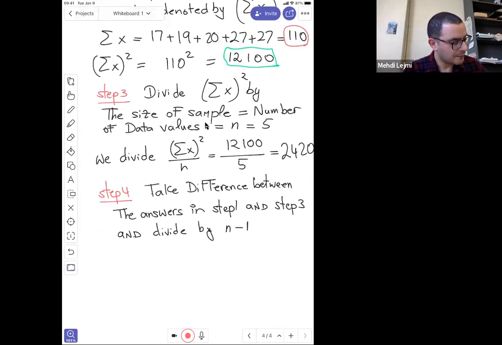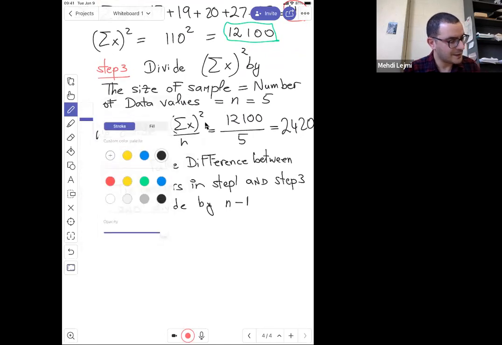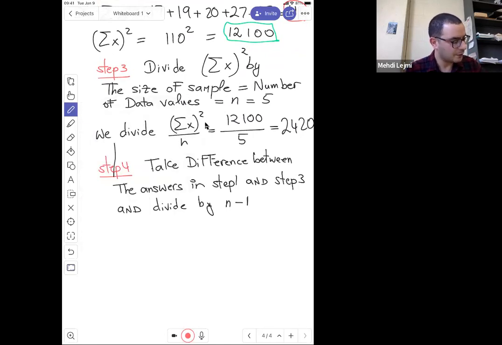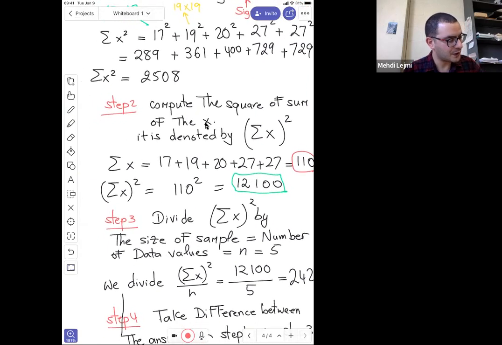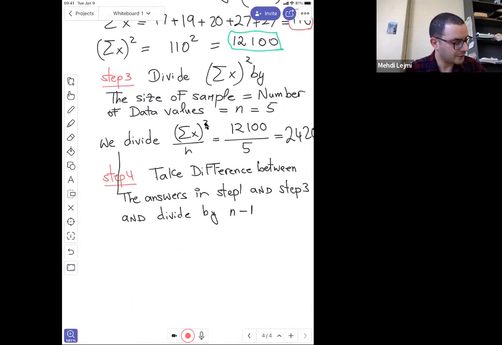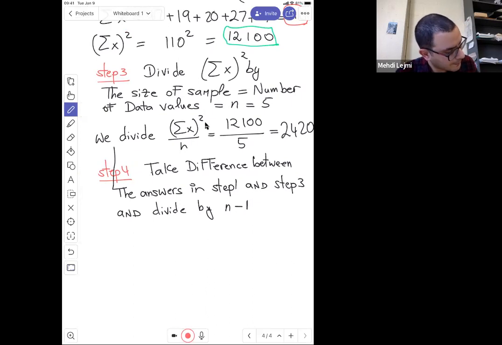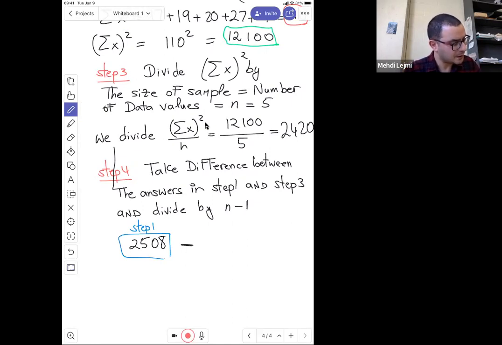So in this example, in the first step, the answer was 2,508, right? That's the answer from step 1, minus the answer from step 3.